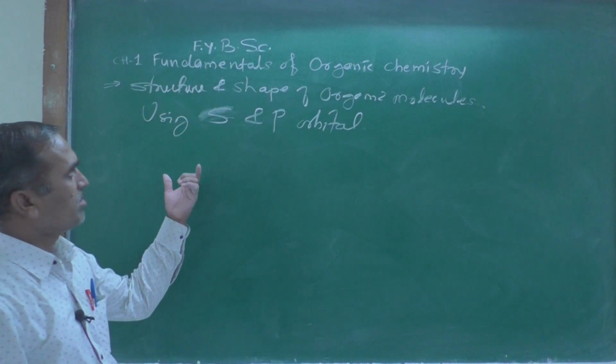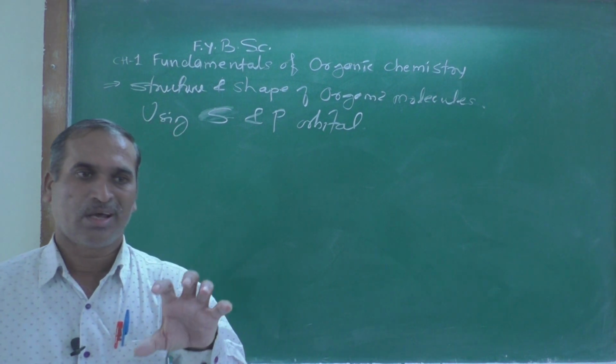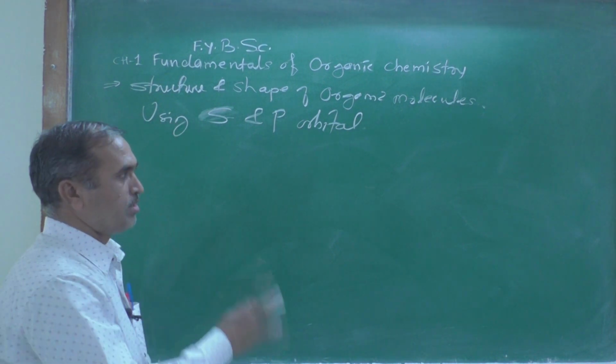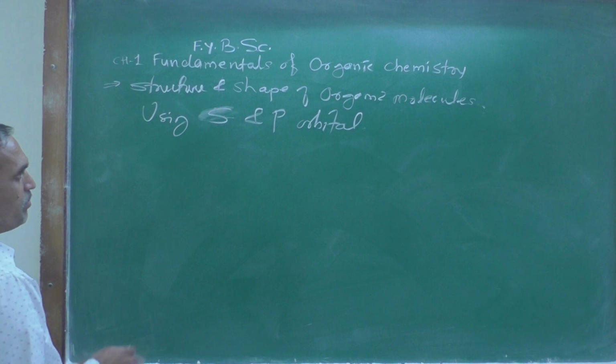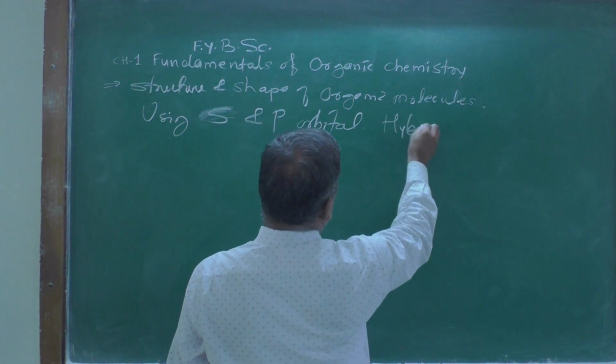By using s and p orbitals, there are different hybridizations. Now, how many hybridizations are you going to get?